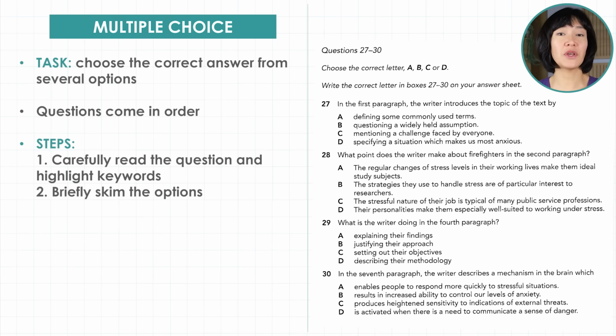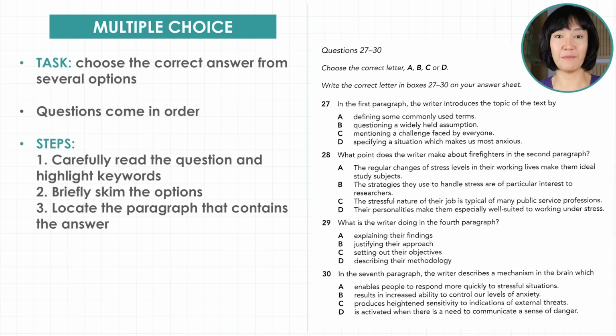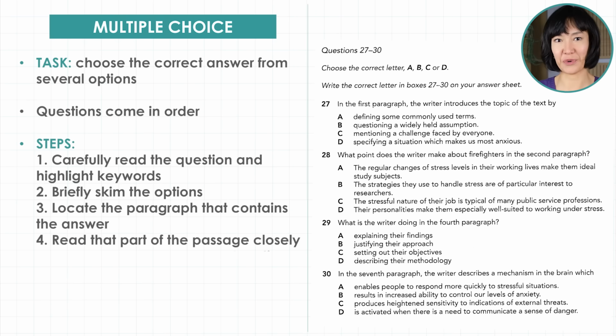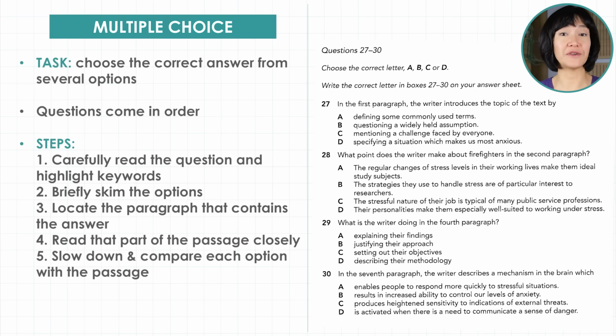Then, skim the options quickly. You just want a general sense of what each option is about. No need to spend too much time on them now. Next, locate the answer in the passage or just go straight to the paragraph mentioned in the question. Then slow down and compare the passage with each option. And here's the trick.